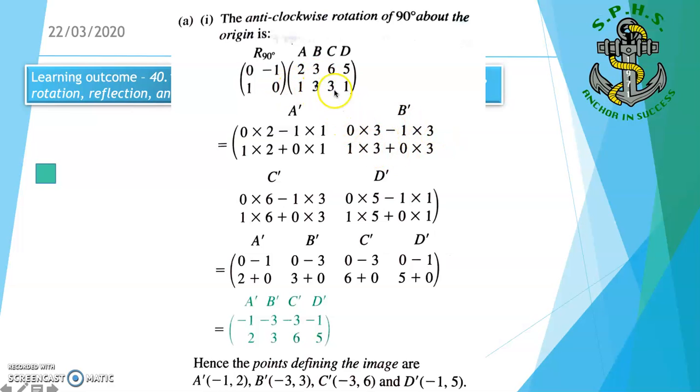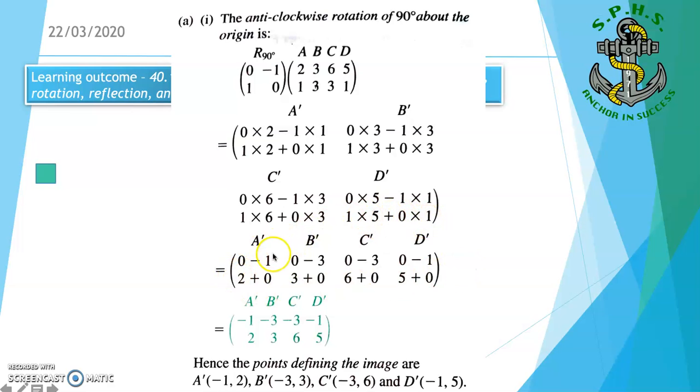Point C gives 0 times 6 minus 1 times 3, and 1 times 6 plus 0 times 3. Point D gives 0 times 5 minus 1 times 1, 1 times 5 plus 0 times 1.